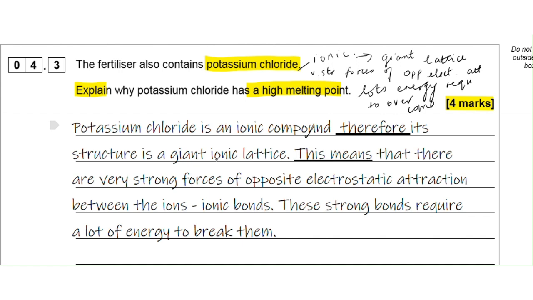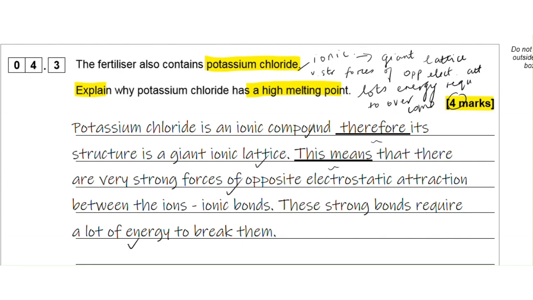We need 1 mark for saying it's ionic, 1 mark for a giant lattice, 1 mark for some sort of forces or particularly ionic bonds is good, and then the final mark, lots of energy to break them, for our 4 marks. Please note as well the underlined phrases which we need to put in order to get that explain mark, that's the command word in the question.